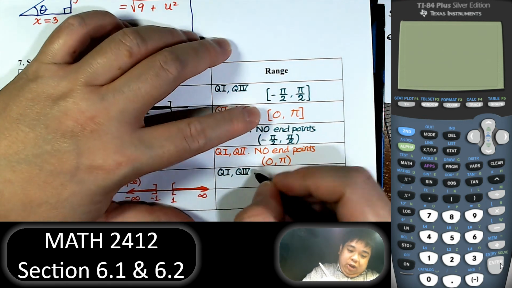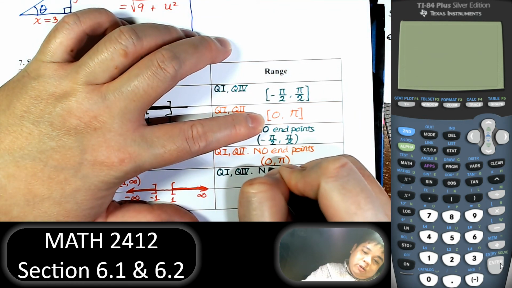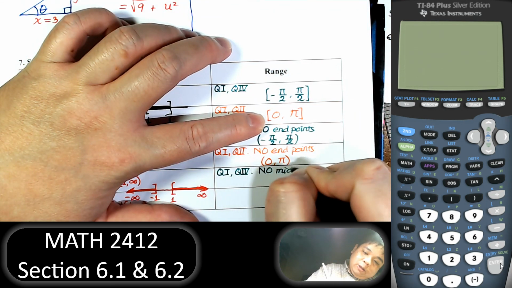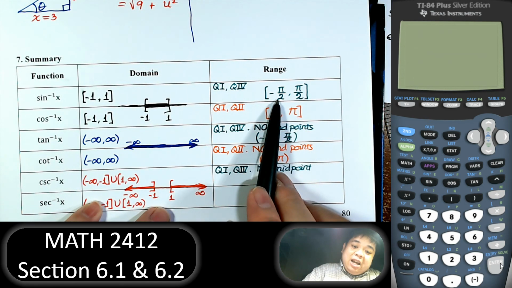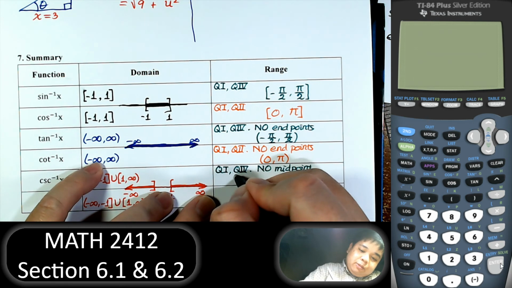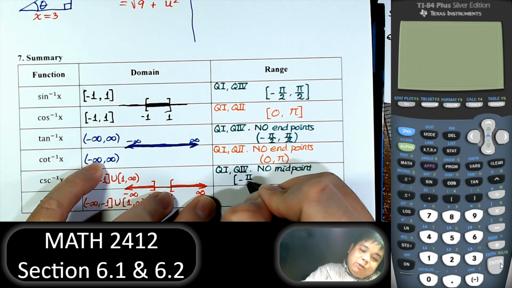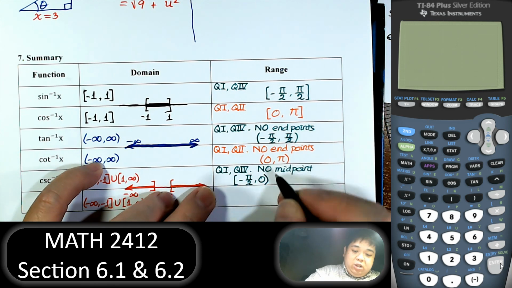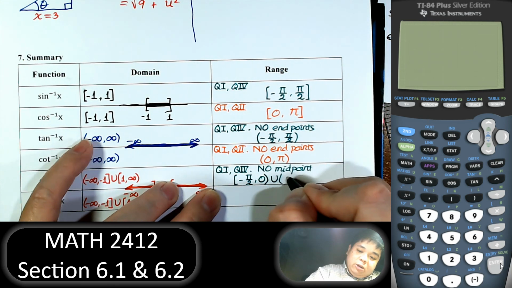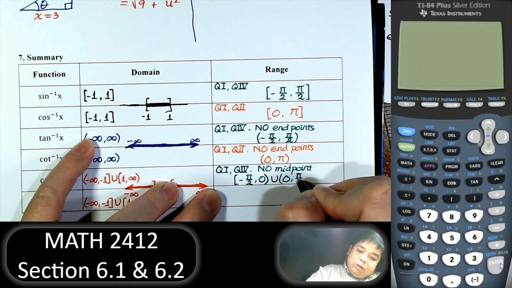So we have that, but no midpoint. Meaning from negative pi over 2 to 0, we skip the midpoint, which is 0, and then we go from 0 to pi over 2.